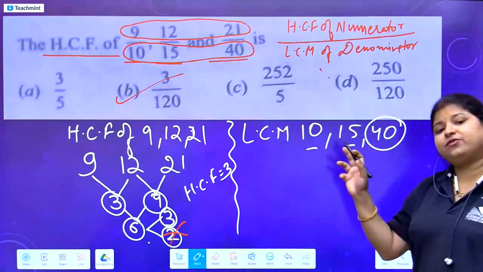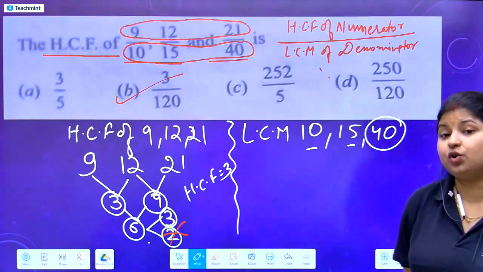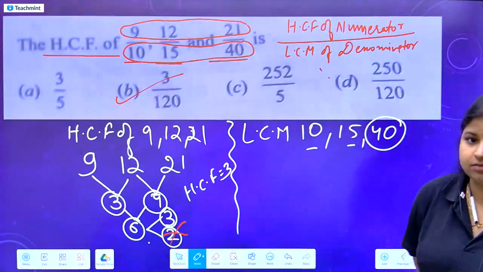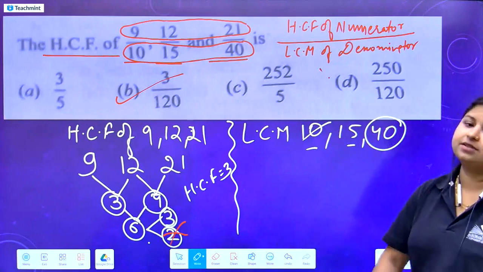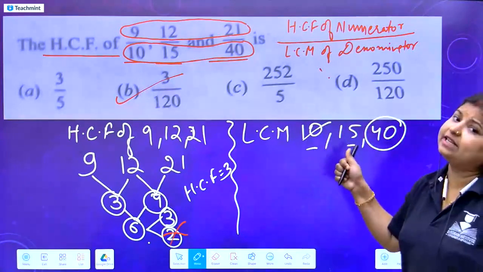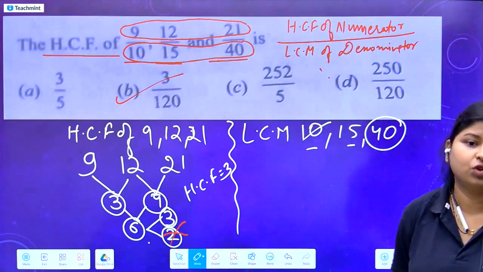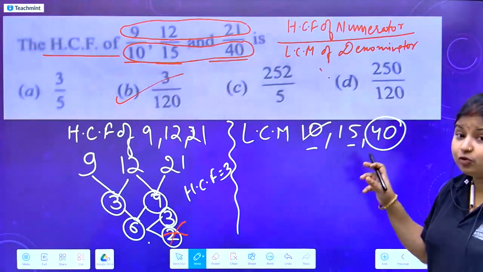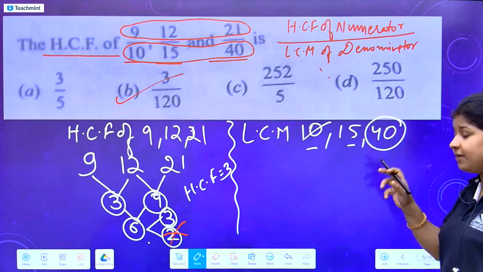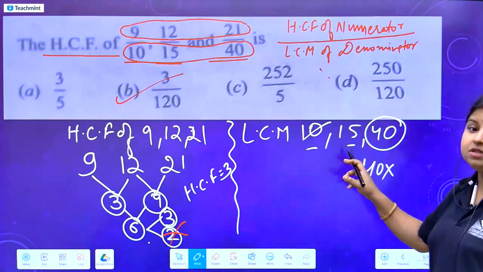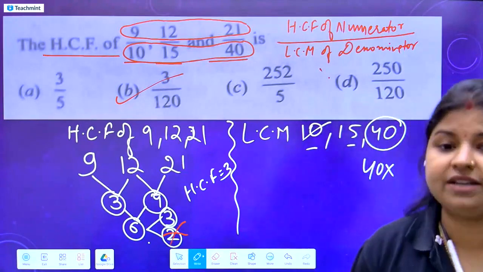Is this 40 divisible by 10? Yes, ma'am. Remove this. Is this 40 divisible by 15? No, ma'am.